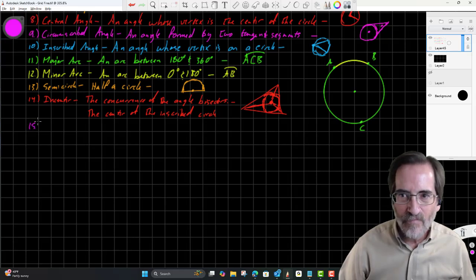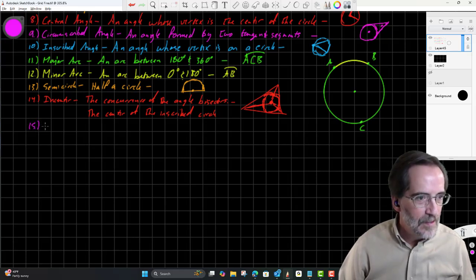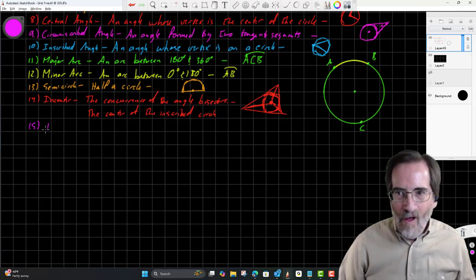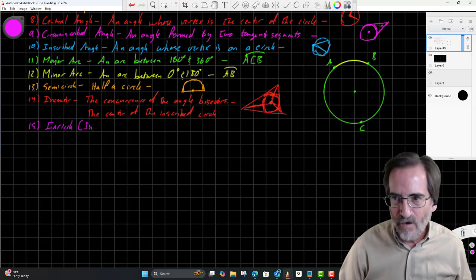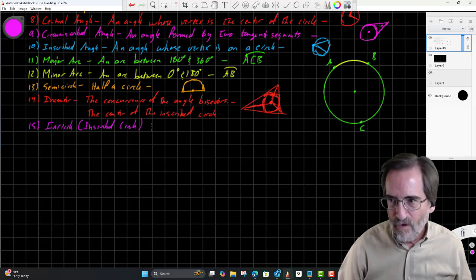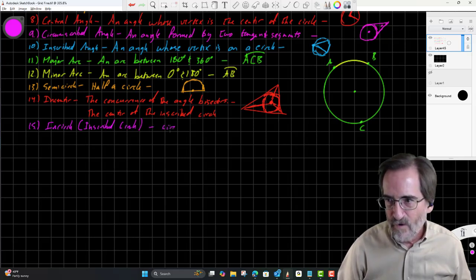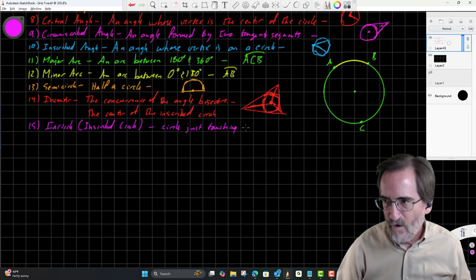15. Incircle. Also called the inscribed circle. It's a circle just touching all 3 sides of a triangle.